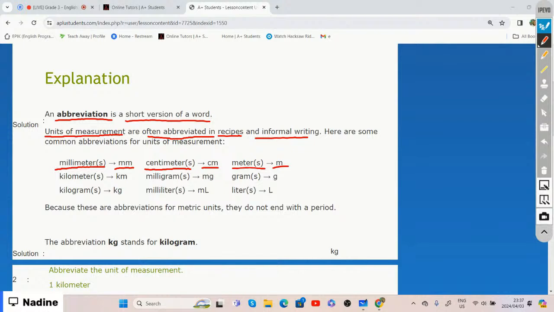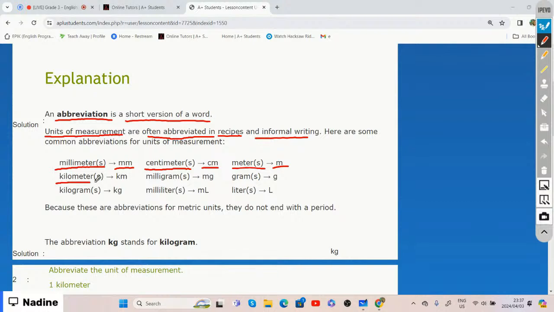And when we measure something in meters, meters is only m, right? So millimeters is mm, centimeters is cm, but meters is m. Then kilometers, right?